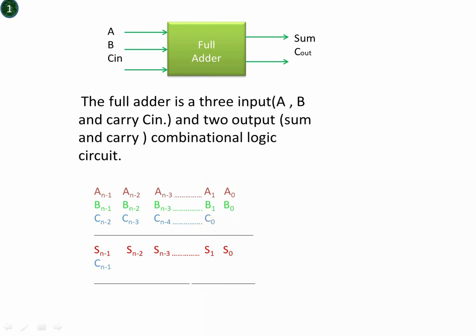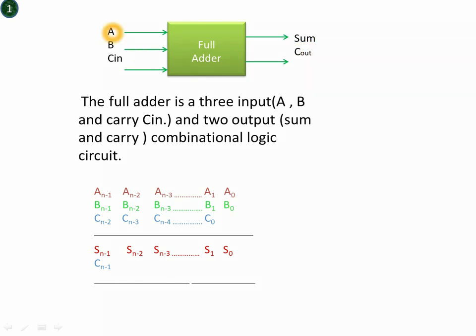In the next column it requires the full adder, that is, it has to add three bits a1, b1, c0. Then we go for the full adder. The full adder consists of three inputs and two outputs. The three inputs are two bits from the two numbers a and b, and the carry resulting from the previous column. The outputs are sum and carry out.